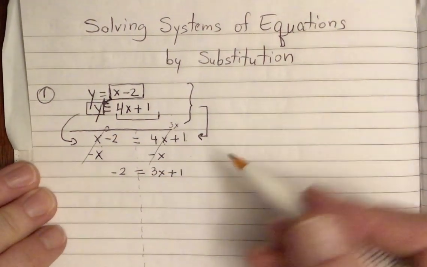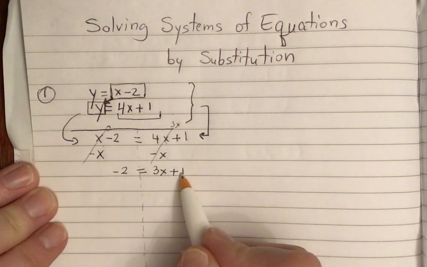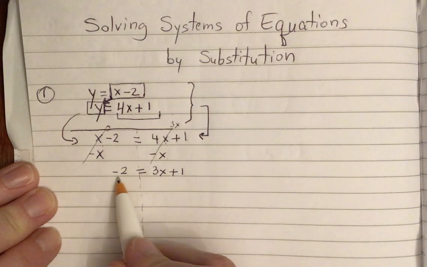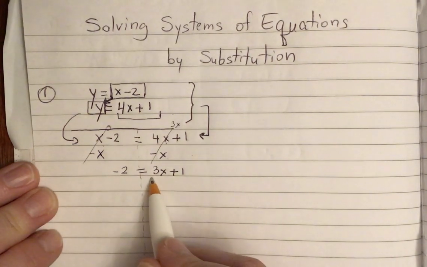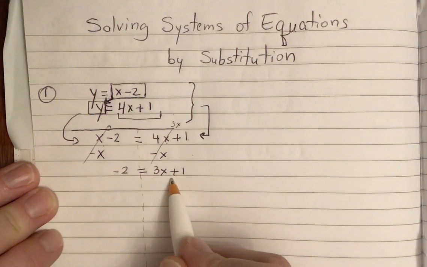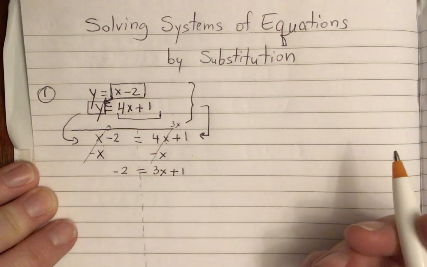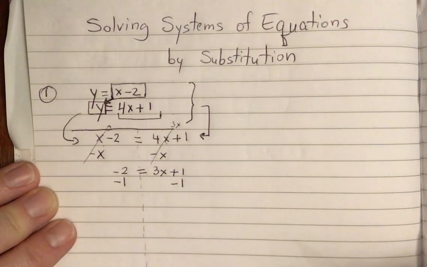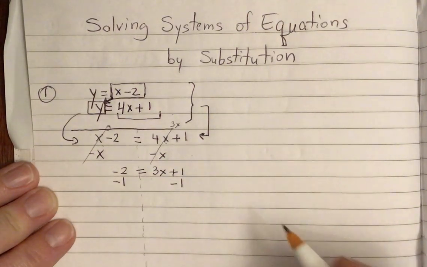Let's keep going. Out of 3, we want to come down to 2 terms by doing inverse. Either add 2 or subtract 3x or subtract 1. And I'm going to choose to subtract 1. If I go down to 2 terms, that was a good choice. If not, I'll try something else.